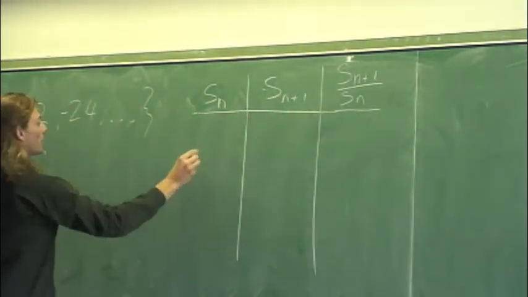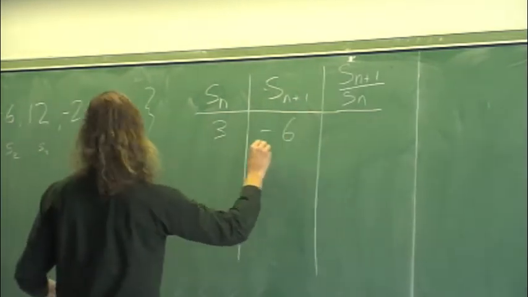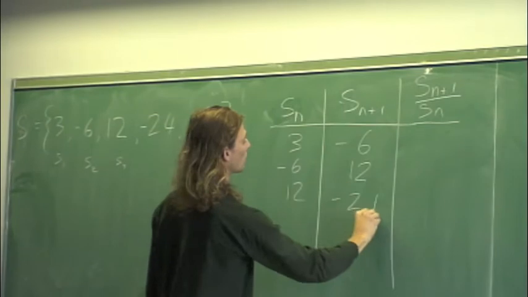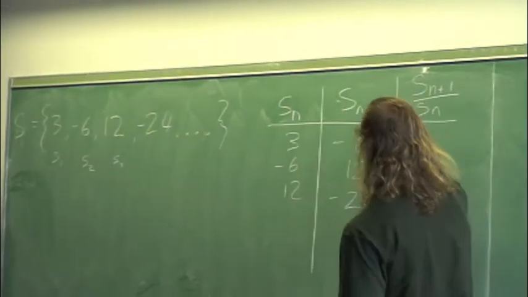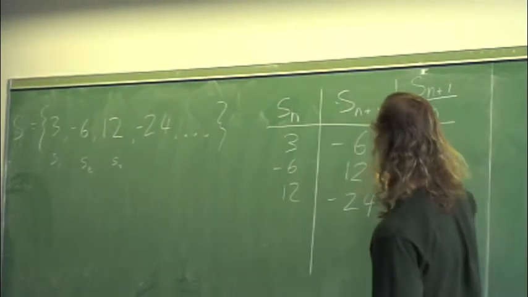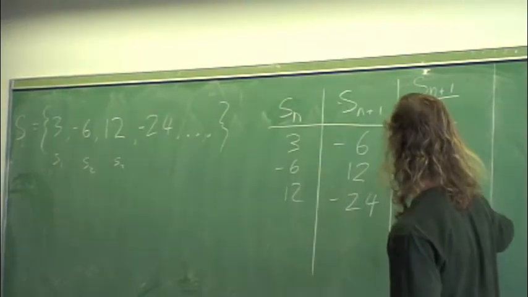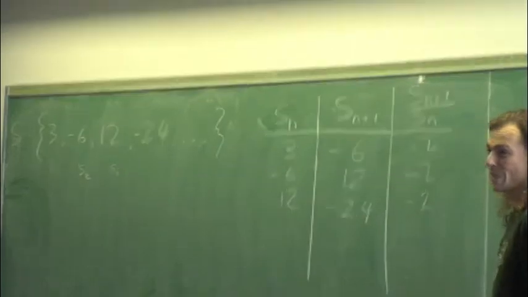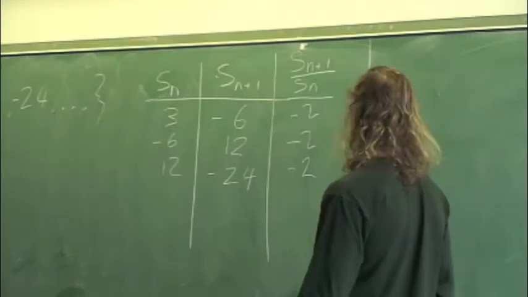So here I have 3, minus 6, 12, minus 24. I've got minus 6 over 3, which is minus 2. 12 over minus 6 is minus 2. Negative 24 over 12 is minus 2. So it looks like these are all related by a factor of minus 2.